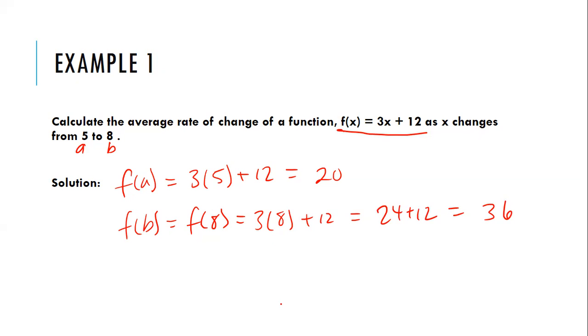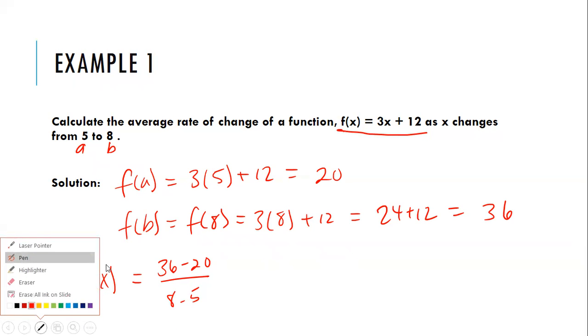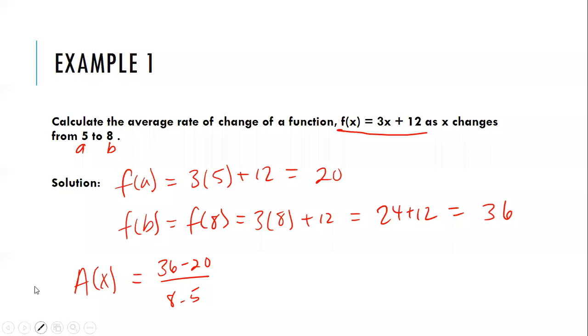Now that I have established my A and my B, to find the average rate of change, your A of X, it's your F of B minus your F of A. So we have 36 minus F of A, divided by B minus A, so that's 8 minus 5. Let's blame Ms. Jones on her nonsense.